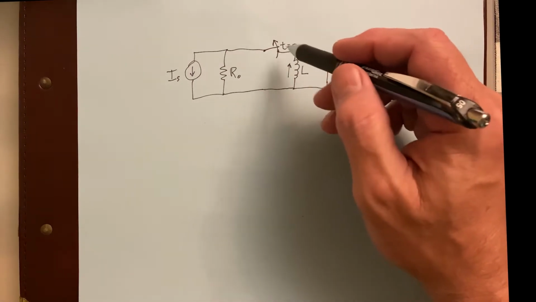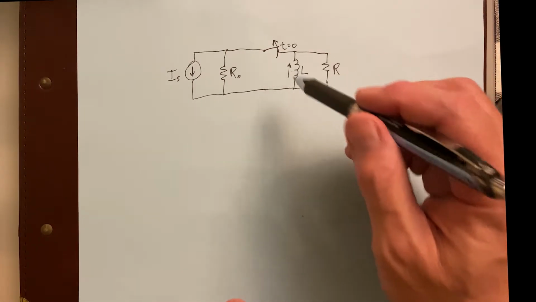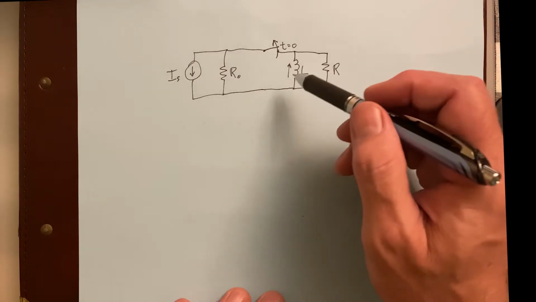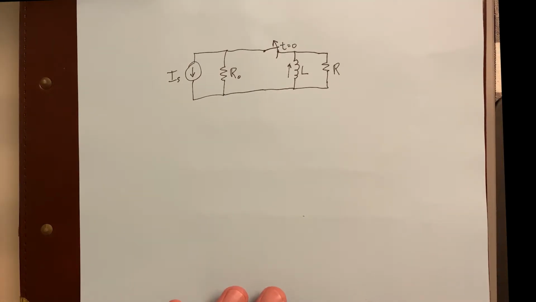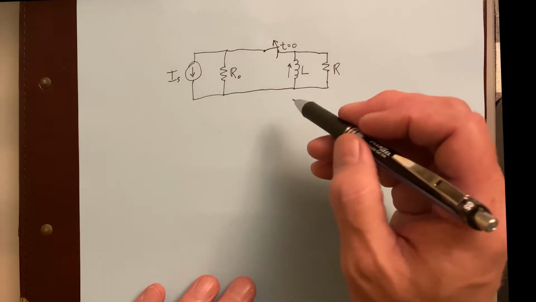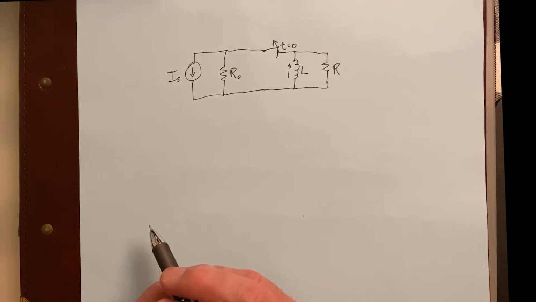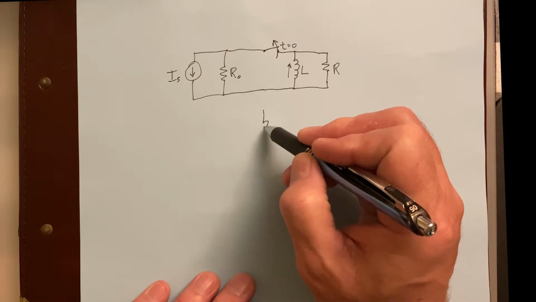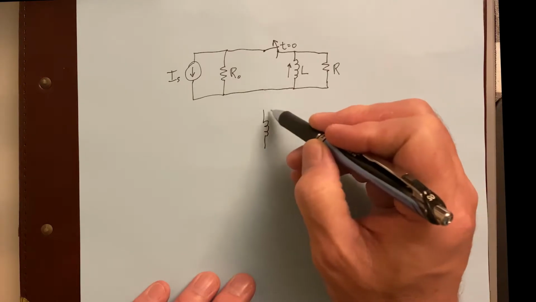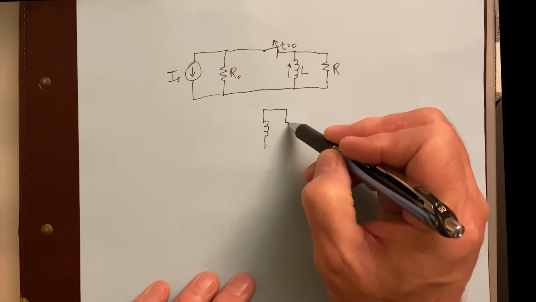Okay, so now we've got all of the current going through that, but now the switch is open. And when the switch is opened, the left portion of this circuit pretty much is no longer there as far as we're concerned. So after t equals 0, this is what we've got.